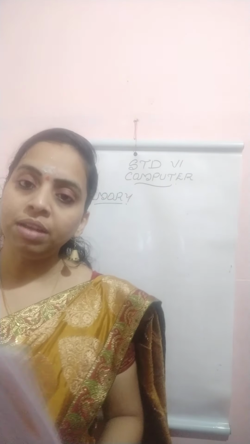Next, this computer memory is divided into two. Which are they? Primary memory and secondary memory. It is shown in your textbook. Two types of computer memories are there, primary memory and secondary memory. First, we are going to learn about primary memory.